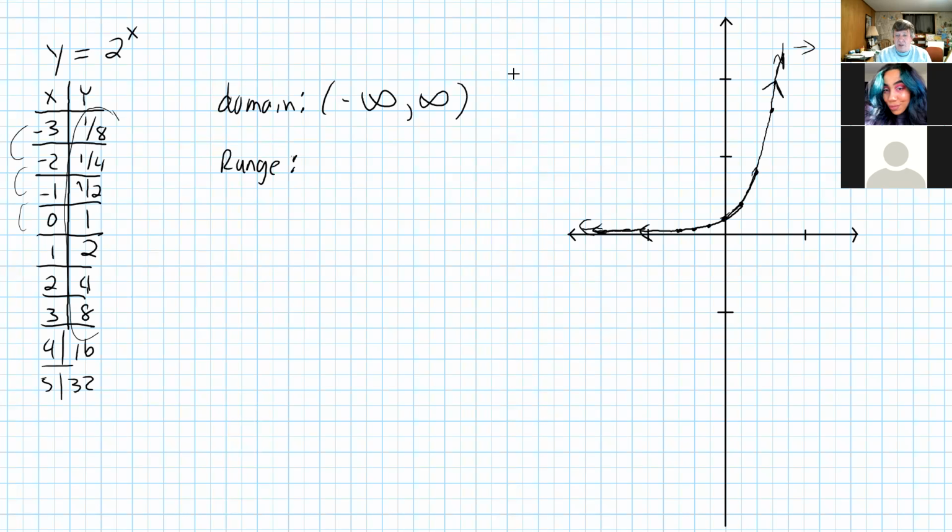However, the range, since the graph never touches the x-axis or goes below it, would be greater than 0. So the domain is all real numbers, but the range, the y values, are just greater than 0. Is that what you were asking about? Yeah, that's what I was asking.